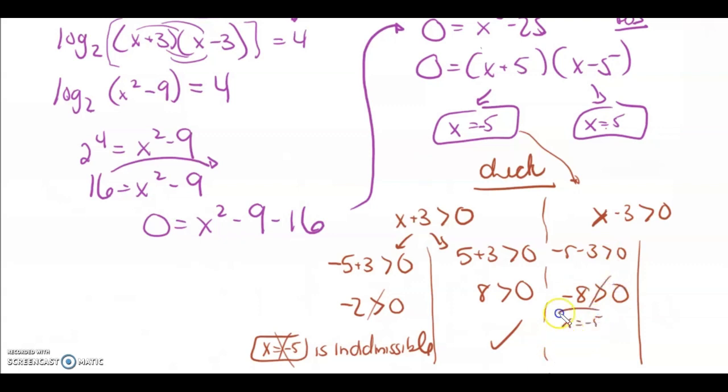Again, for the second time, x equals negative 5 is inadmissible. Then 5 minus 3 is greater than 0, so 2 is greater than 0. That works. So our solution is x equals 5.